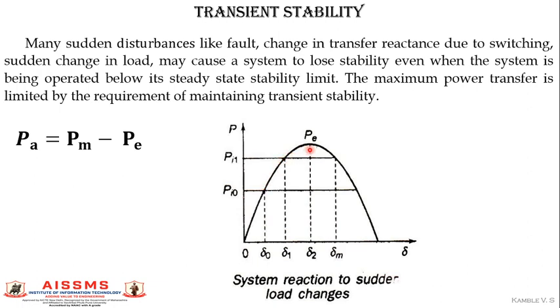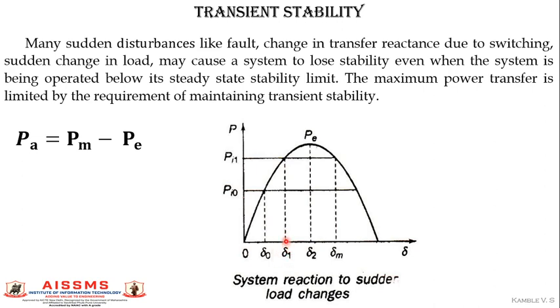So it will oscillate at the final position, and it will become stable after some time. When the oscillations are damped, it will remain at this point, and the corresponding angle is delta 1. So the system now becomes stable at the new operating point, that is delta 1. Such type of stability is called transient stability.